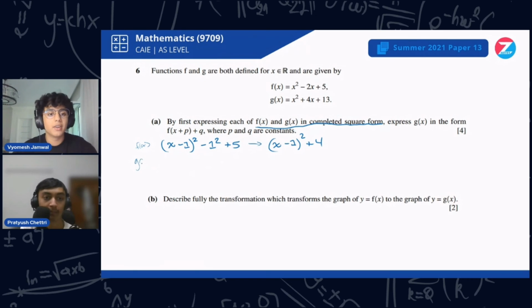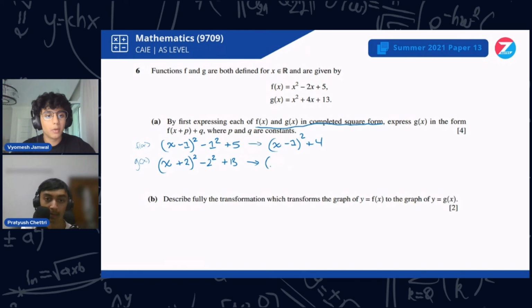And g of x, on the other hand, would be x plus 2 squared, because we're dividing the coefficient of b by 2, squared, minus 2 squared, and then plus 13.